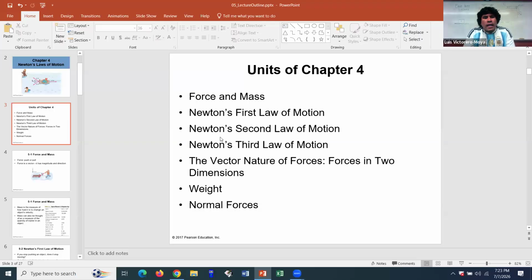I will explain how and why it's important to know how to draw forces, because at the end of the day, to solve problems on chapter 4 and chapter 5 and so on, now that we're going to be dealing with forces, masses, weight, and etc., we need to know how to do a proper free body diagram. All right.